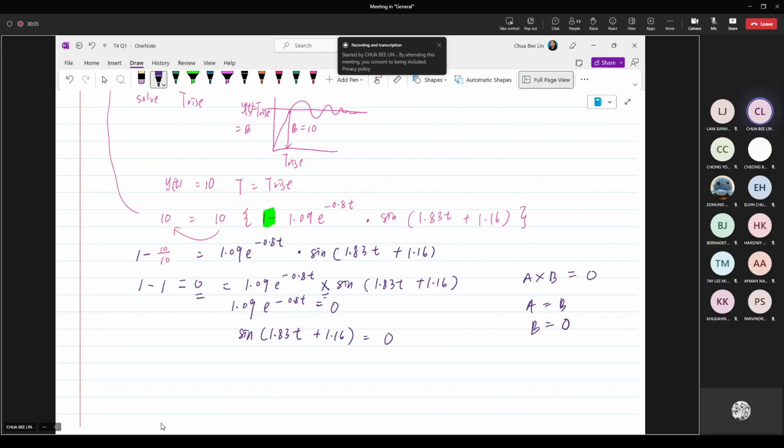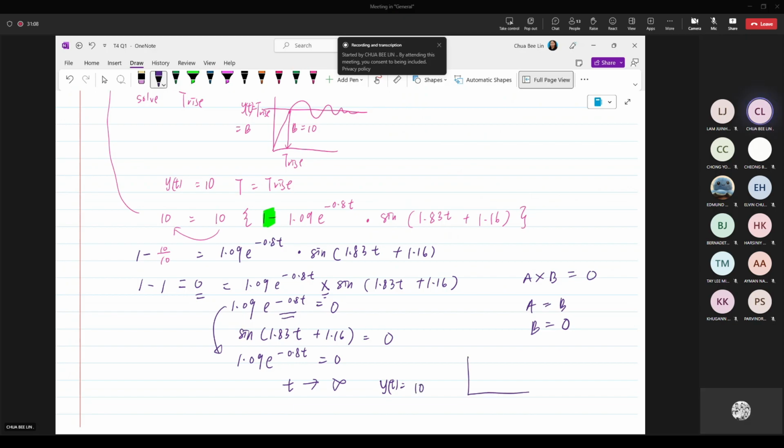So from here, you solve this. What will be the value of e power to negative multiplied with t that gives you 0? So 1.09 e negative 0.8 t is 0 when t goes to infinity. So this is when you actually got the same value B. So it's a steady state value. So this is when the yt is 10.